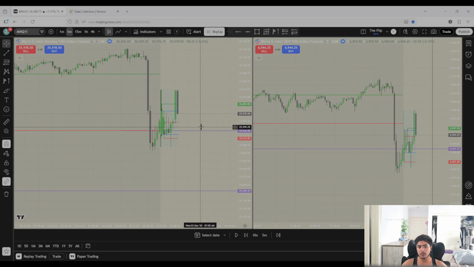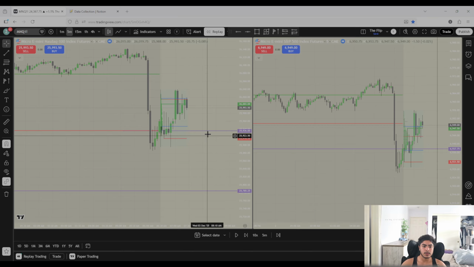Boom. We got this reversal back in the range. Still nothing for me. Let's see. This close back within the range. No point of control.